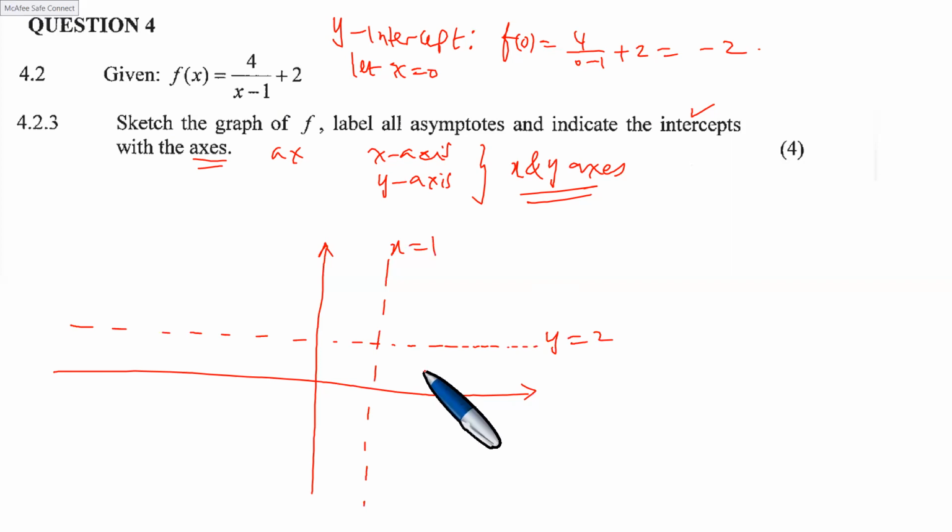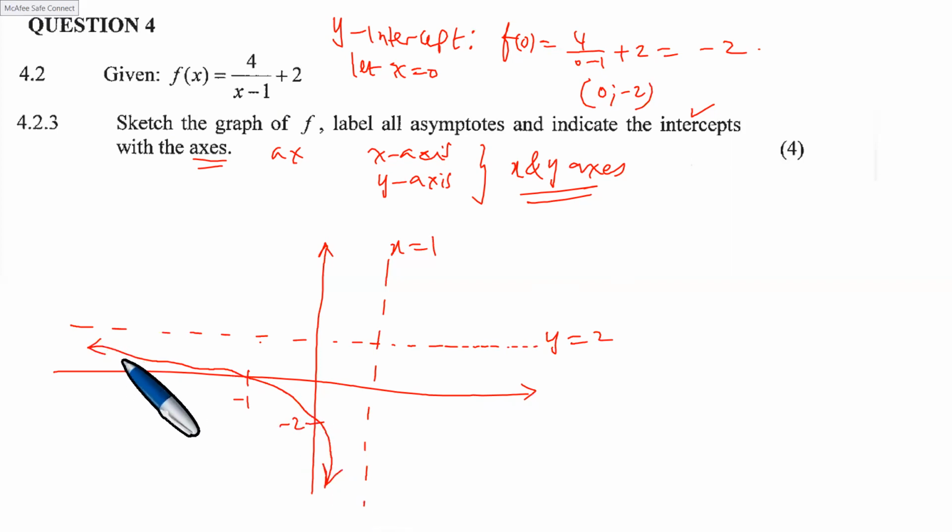This is the y-intercept, and you can see when x is 0, y is minus 2. The x-intercept we got at minus 1. So the graph is going to be like this, sort of. And then we have another piece sitting exactly there, like this. So this is the graph, and we know that this is the y-axis and this is the x-axis.